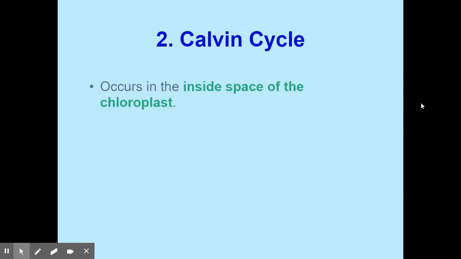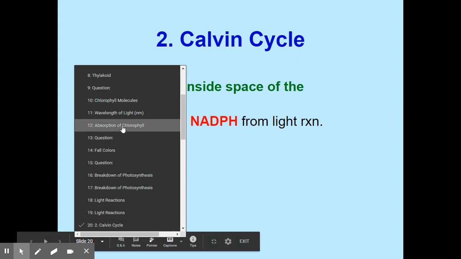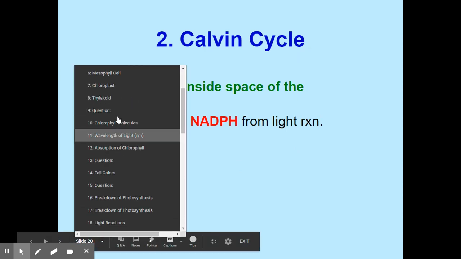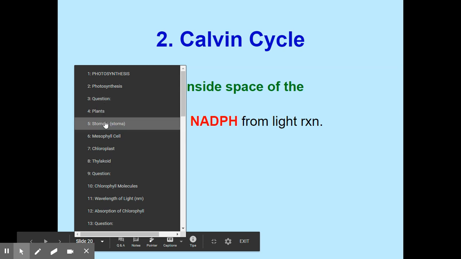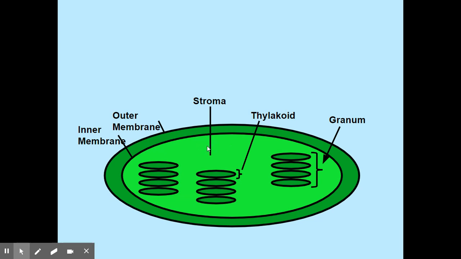The Calvin cycle occurs inside the space of the chloroplast itself. So this happens in the stroma area. If you remember the stroma area, I'm going to back up a little bit here. The stroma was this space inside of the chloroplast.